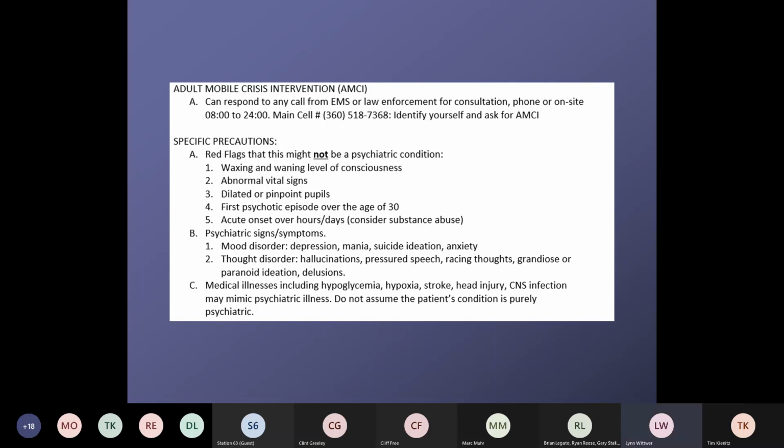Also dilated and/or pinpoint pupils, obviously drug considerations. First psychotic episode over the age of 30. That's unusual. Usually you develop psychotic symptoms in your teenage years or early 20s, so it's unusual to have your first psychosis over the age of 30. Once again, the likelihood is drugs or medical issues. Acute onset over hours or days: the fastest onset is usually related to substance abuse.